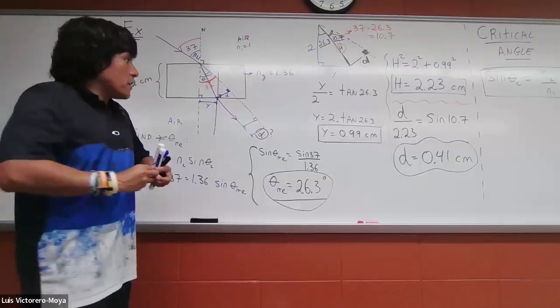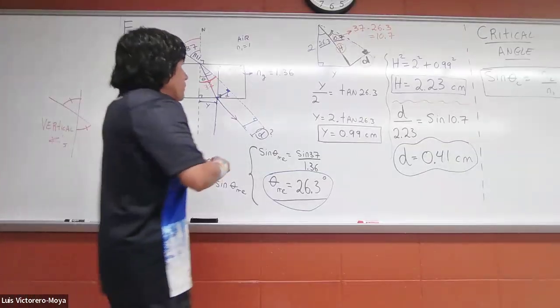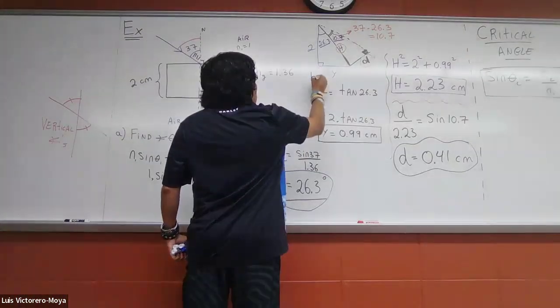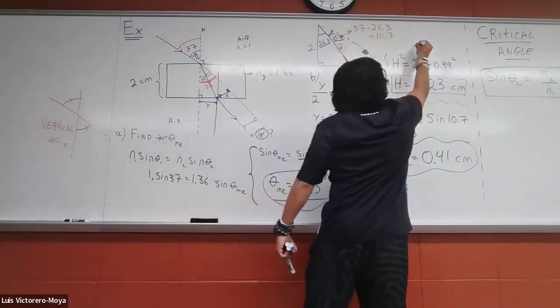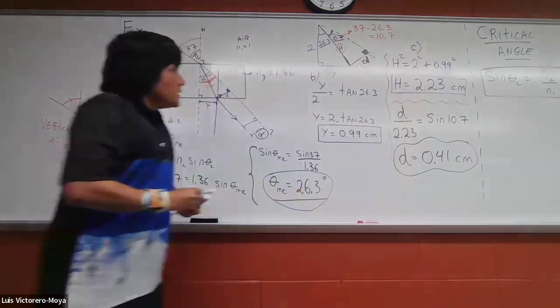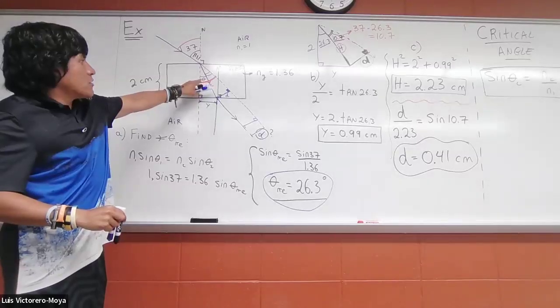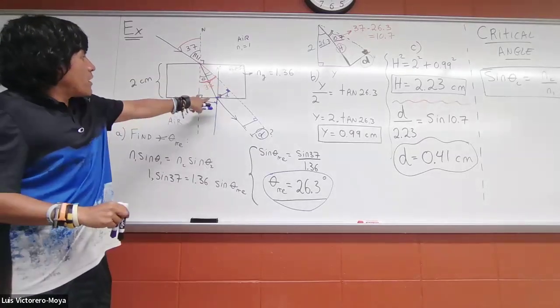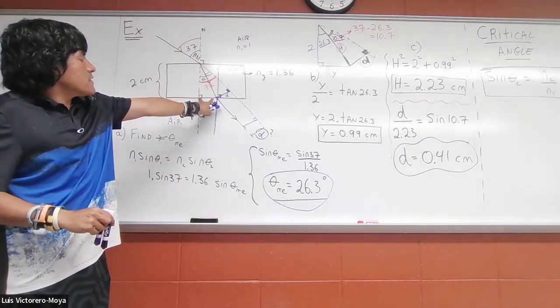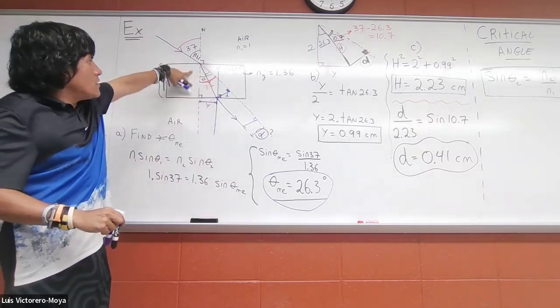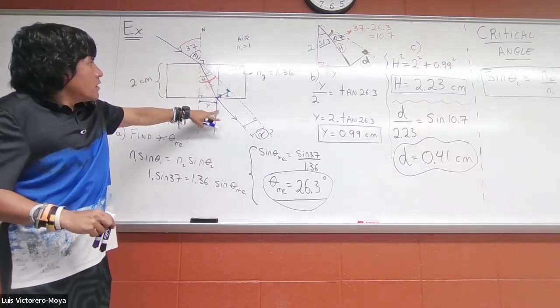So quite a few things here, right? That's part B here. This will be part C. Part A was just to find the angle of refraction. Part B was to find this length. That then with this, you can find this one here. Why?